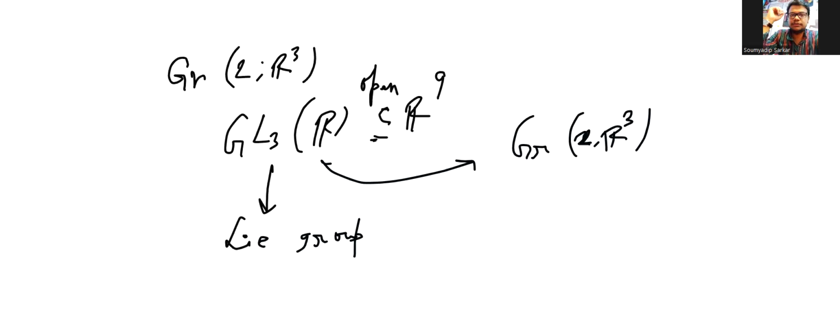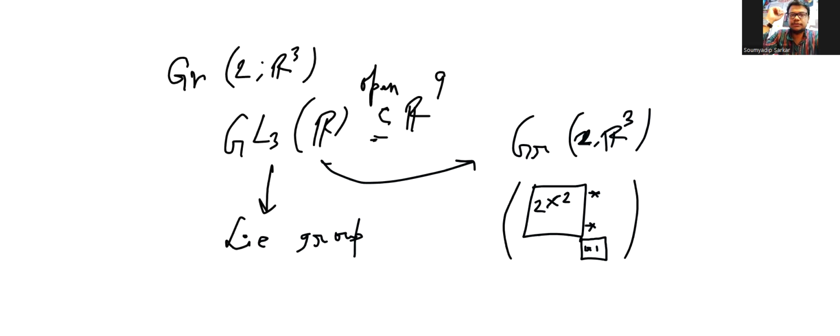You will have a 2 cross 2 block here, and then a 1 cross 1 block here, and then only 2 entries here in the 3 by 3 matrix. And of course now the order of the stabilizer is infinite. But this is how the stabilizer looks.